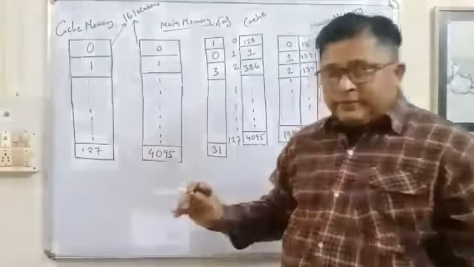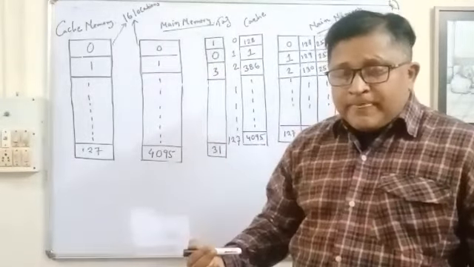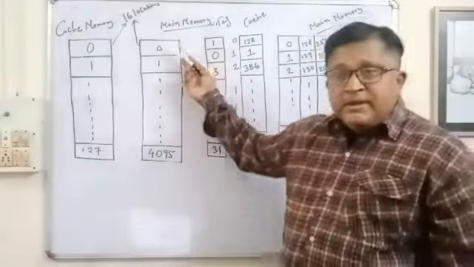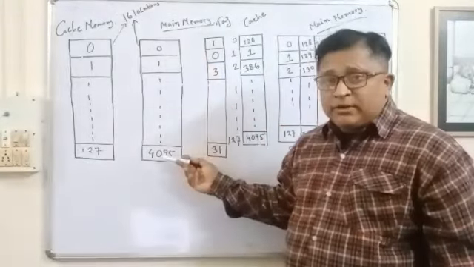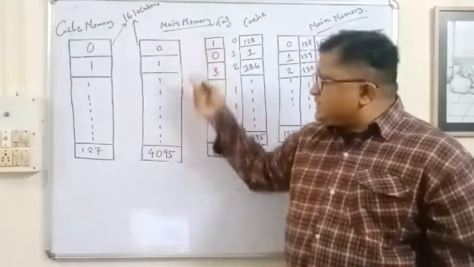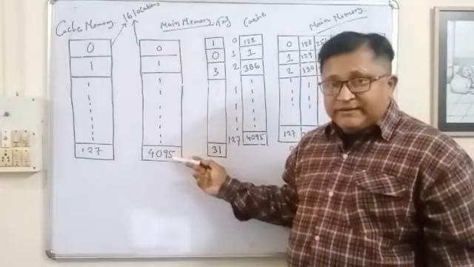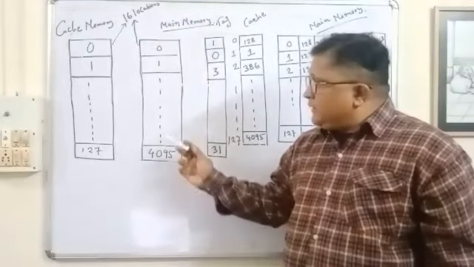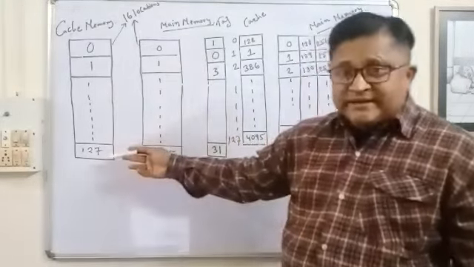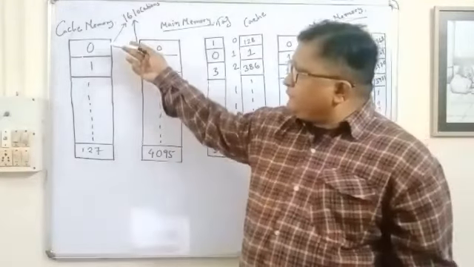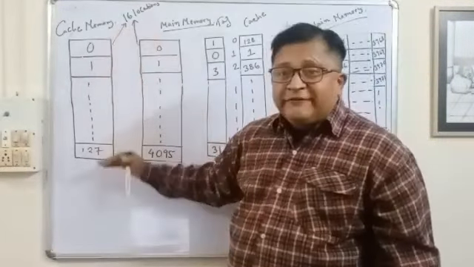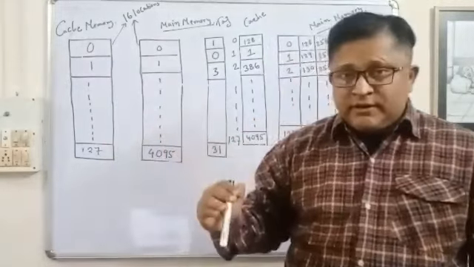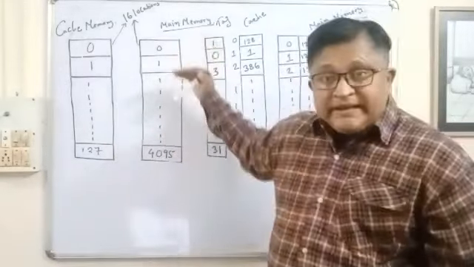Let's take this example just to analyze the mapping. The main memory is divided into 4096 pages, from the 0th page to the 4095th page. The cache memory we take as an example has 128 frames. The cache memory is divided into frames and main memory is divided into pages.